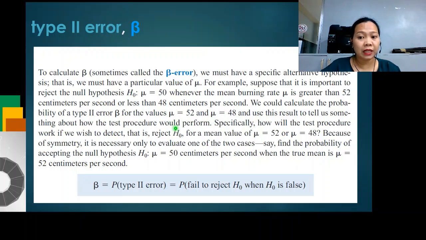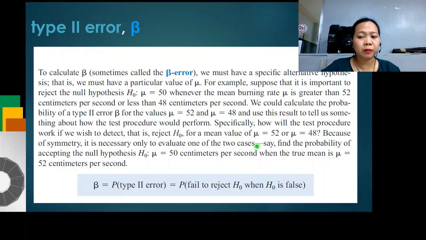Specifically, how will the test procedure work if we wish to reject H sub 0 for a mean value of mu equals 52 or mu equals 48? Because of symmetry, it is necessary only to evaluate one of these two cases.